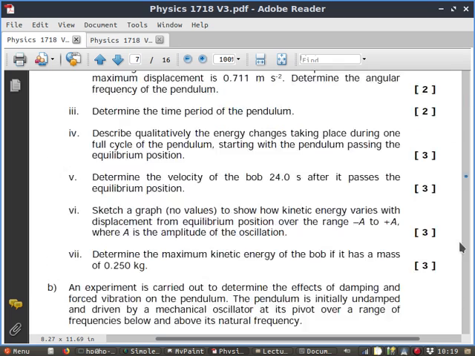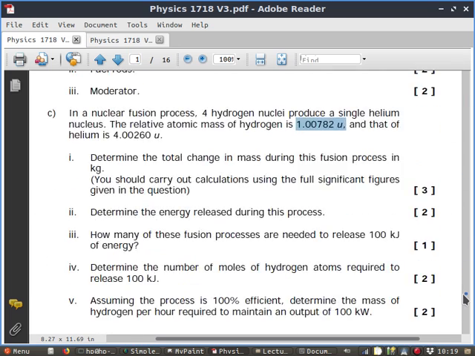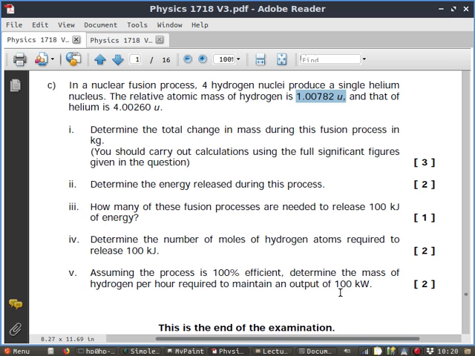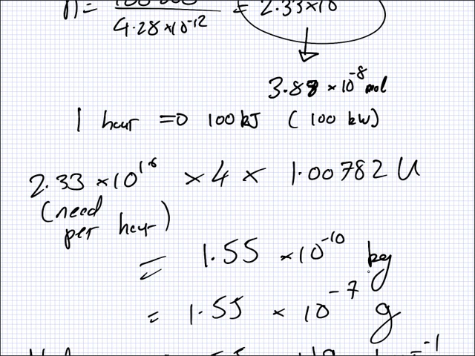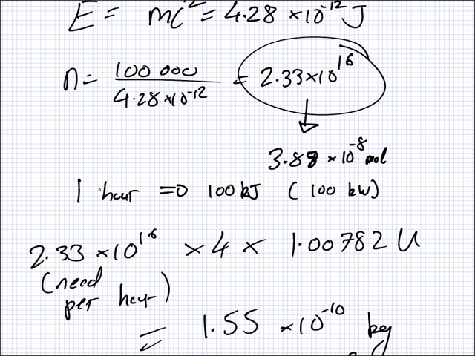I'm just confused why they have the 60 and the 60. Ah, this is my mistake. Earlier, I said 100 kilowatts means 100 kilojoules in 1 hour. This is wrong. 100 kilowatts means 100 kilojoules in 1 second, because watts are per second, not per hour.